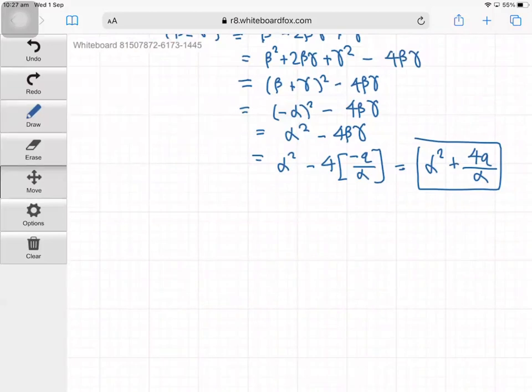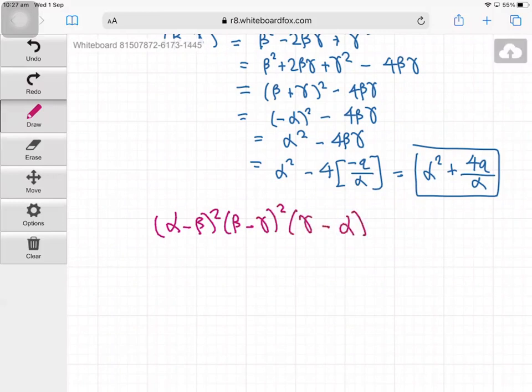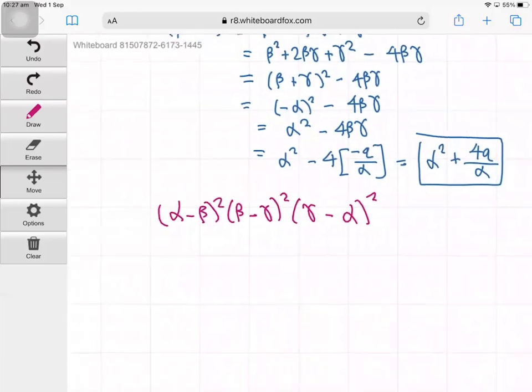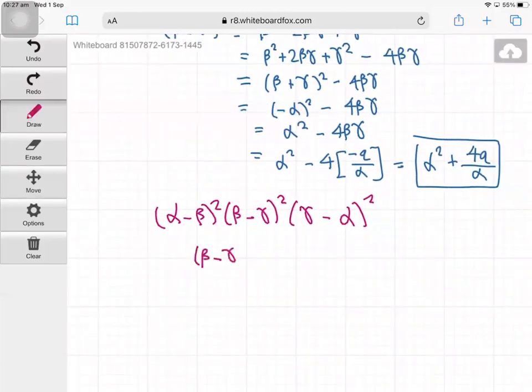Okay, so you want to find alpha minus beta squared times beta minus gamma squared times gamma minus alpha squared. And remember from earlier, beta minus gamma squared was equal to alpha squared plus 4q over alpha. You can actually use similar reasoning since there's symmetry between alpha, beta, and gamma.